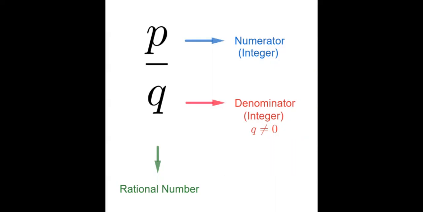And then the denominator as well, it has to be an integer, either a positive whole number or a negative whole number. Now, very important point here, your denominator cannot be 0.